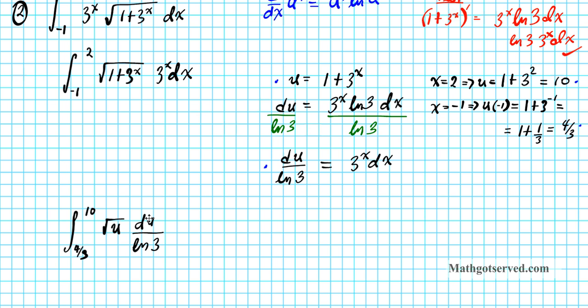This looks like a mess to integrate, right? So let's see how we can rewrite it so it's easy on the eyes. How about I factor out this constant? I'll have 1 over the natural logarithm of 3.